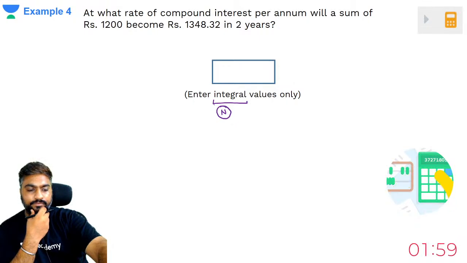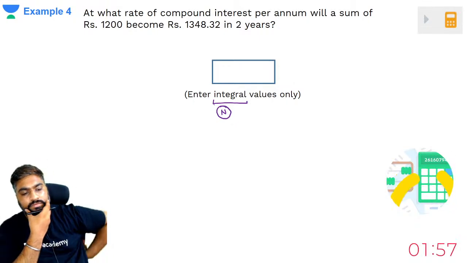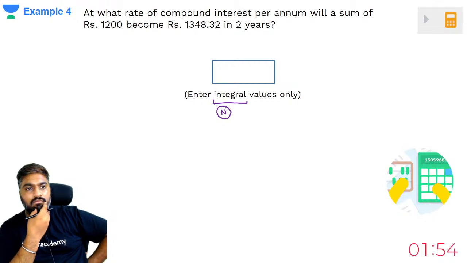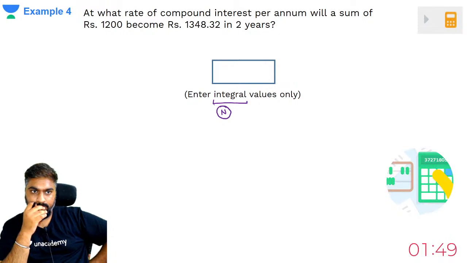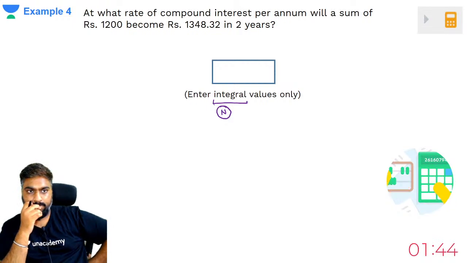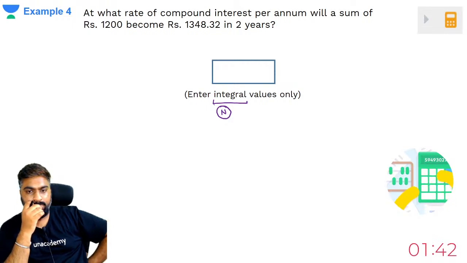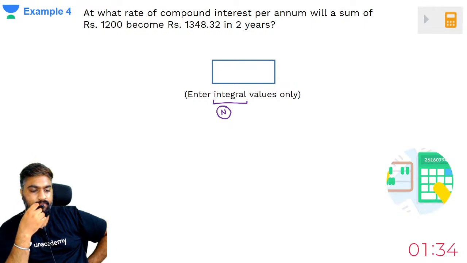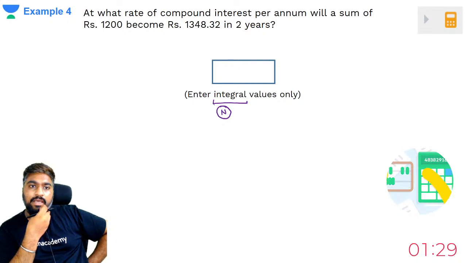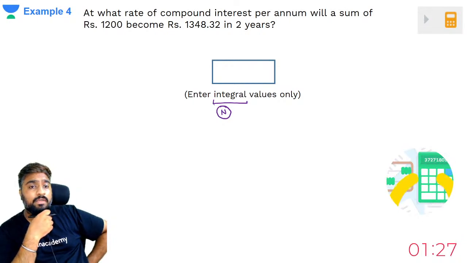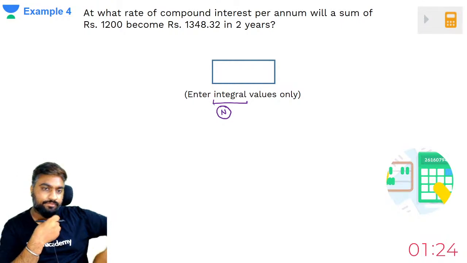Answers, anyone? Without a calculator, the only way to do it would be trial and error.